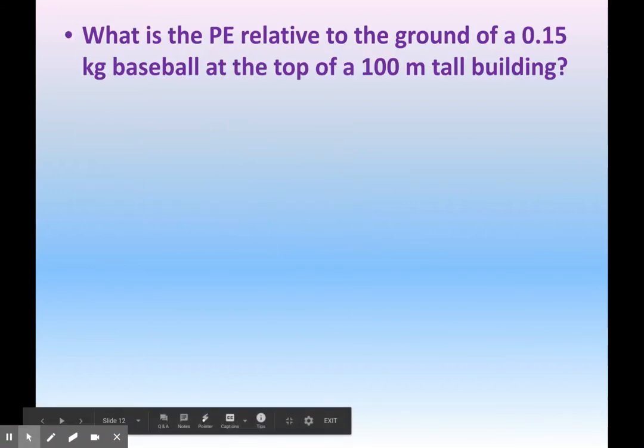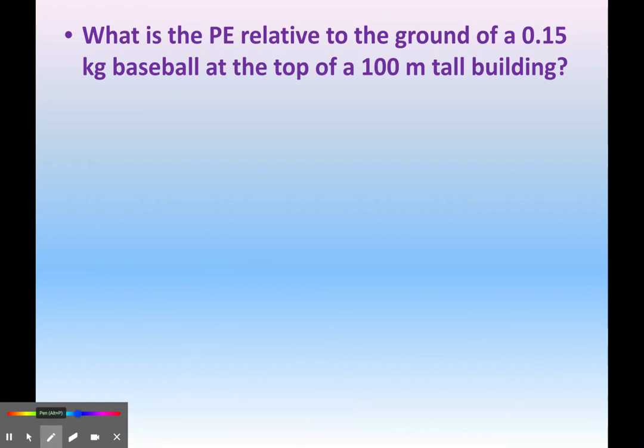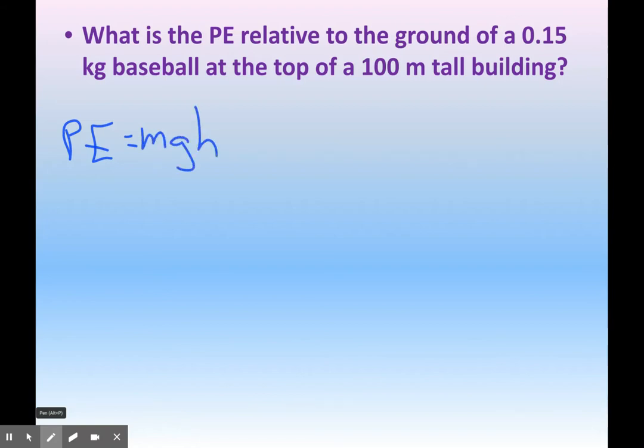If we look at this problem, what is the PE relative to the ground of a 0.15 kilogram baseball on top of a 100-meter tall building? We're just looking for potential energy, which is mgh. So the mass is 0.15, gravity 9.8, and then a height of 100 meters. We would multiply those together to get our potential energy.